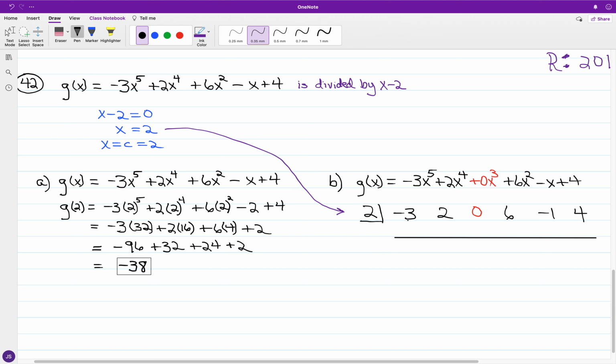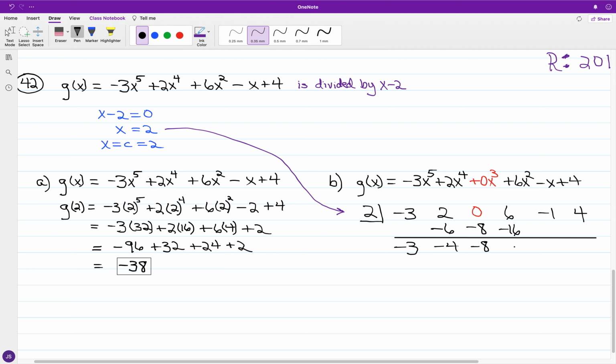So we have, with synthetic division, we bring down the leading coefficient, negative 3. 2 times negative 3 is negative 6. 2 plus negative 6 is negative 4. 2 times negative 4 is negative 8. And then 0 plus negative 8 is negative 8. 2 times negative 8 is negative 16.